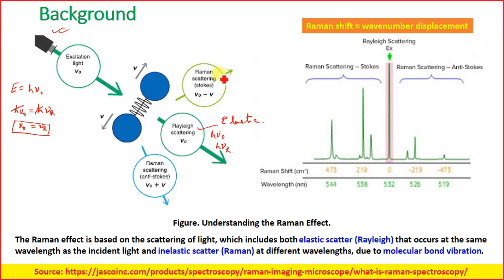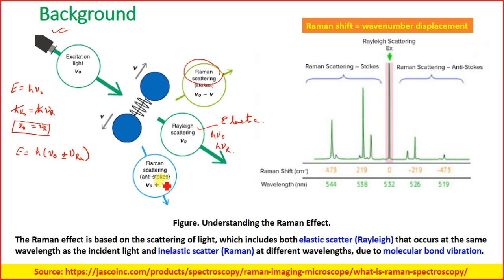This inelastic scattering is regarded as Raman scattering, and herein the energy of the photon is given by h mu 0 plus or minus mu ra, say for example.